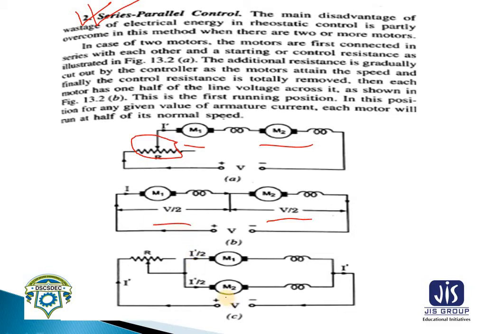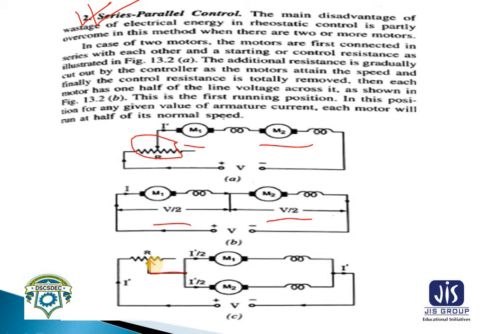Now, these 2 motors are together connected with the variable resistance here, and these 2 motors are equally adjusted with the same variable resistance. That means the amount of resistance, as in rheostatic control, has been reduced to a single one, and both motors or multiple motors can be controlled with a single resistance.